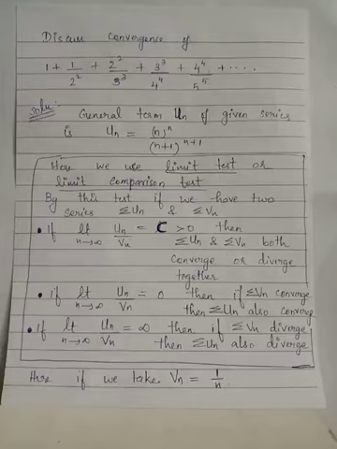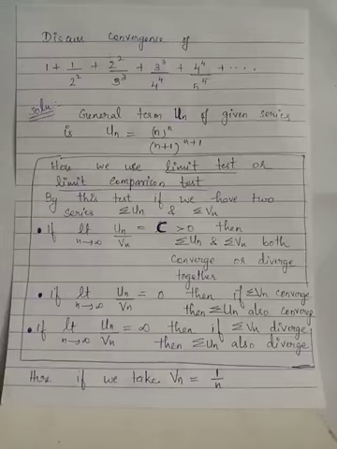summation vn is divergent, then summation un will also diverge. If summation vn, which is a familiar series, is convergent, then the series summation un will also be convergent. Both of them will have the same behavior if the limit obtained is a constant value and positive.